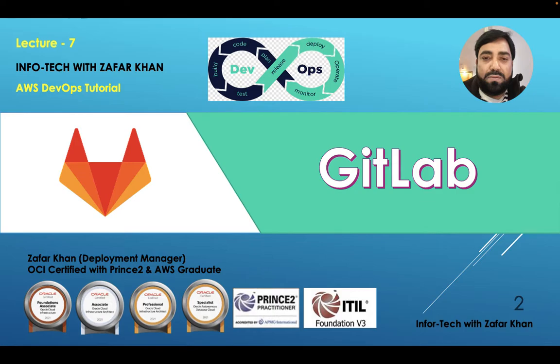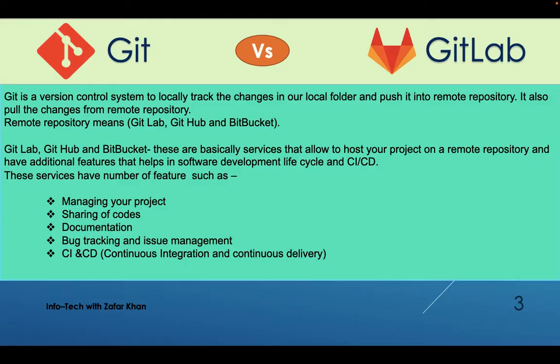Before we start, let me recap Git. Git is a version control system. It locally tracks the changes to our local folder and pushes them into the remote repository. It also pulls the changes from the remote repository to our local repository.